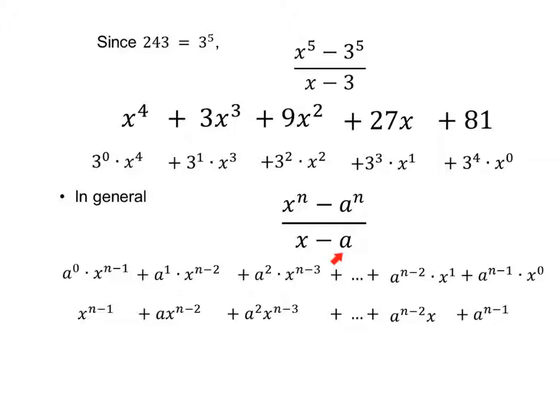The structure is still the same as before, but everywhere you see 3, you replace it with A. That's how we got this formula. This is a formula you can always use to generate any other pattern like this.